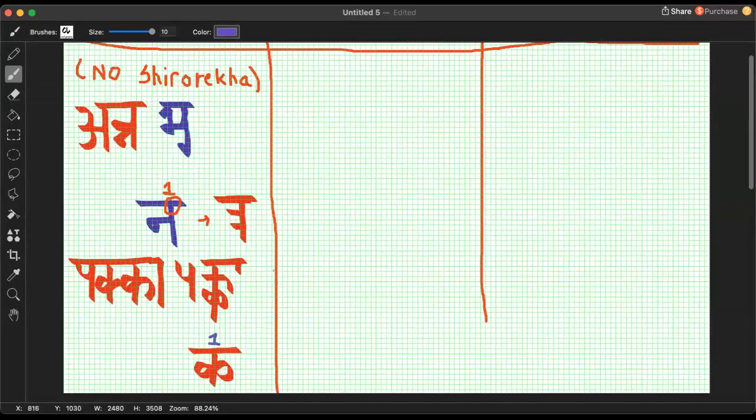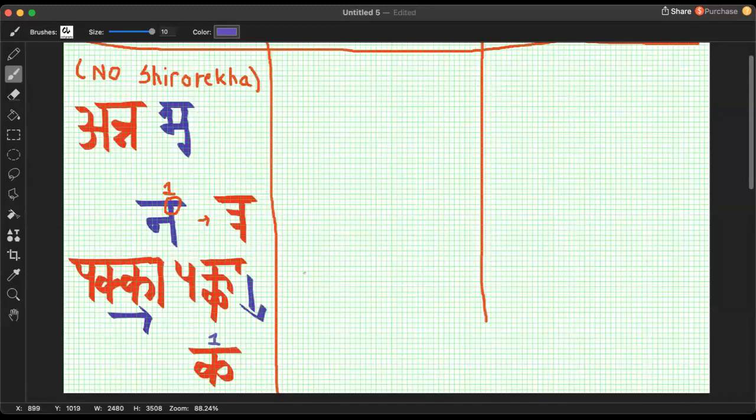If you're writing pakka, in Devanagari you will write one next to each other, right? In Sharda, it is one below the other. Correct. In Devanagari, it follows the horizontal way of conjunction, and in Sharda, it is vertical.